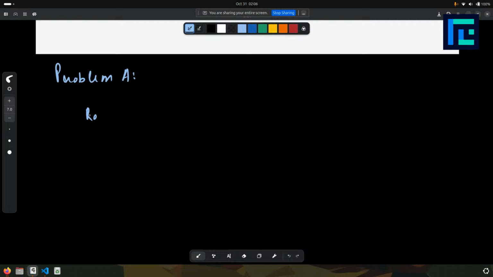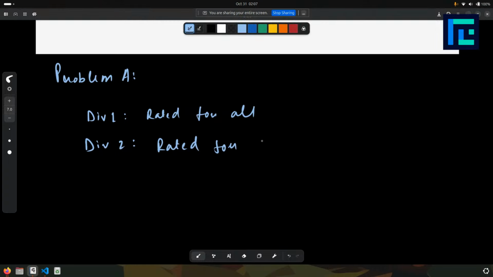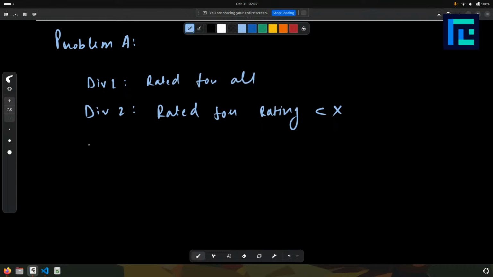First of all, div 1, rated for all, and div 2, rated for rating strictly less than X. And basically in any rated round, whenever we participate, if our initial rating is R, then our final rating can be anywhere between R minus D to R plus D, where D is given.